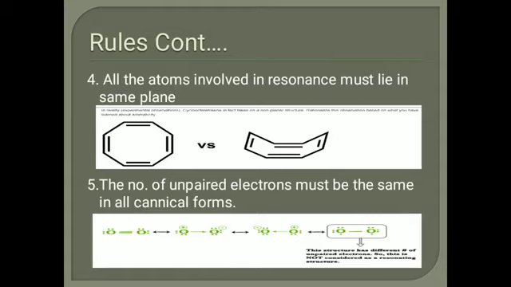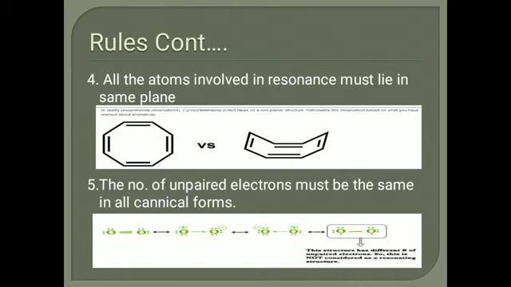As we see through this example of cyclooctatetraene, it has a tub-shaped structure and the plane is changing.